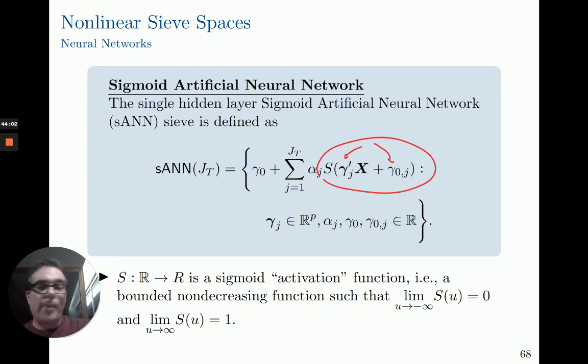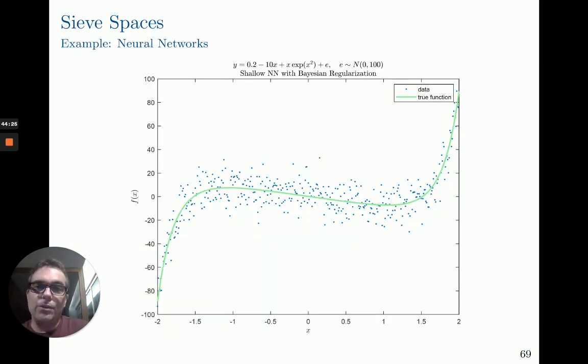You can approximate not only continuous functions, but any Borel measurable function. Okay? So it's very, very flexible, and it scales up beautifully. It's much easier to use these models when you scale up, or when the number of regressors is large. Okay? So let's see how a neural network fits the data.